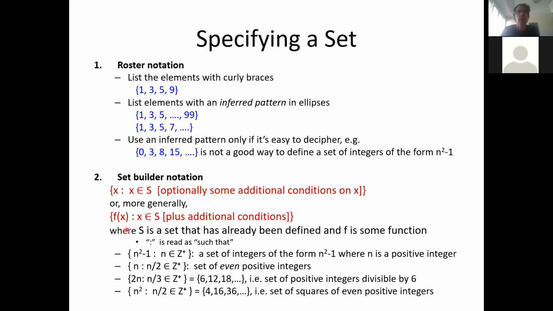This is the set of all integers n such that n divided by 2 is a positive integer. What set did I define? All even positive integers. So this set includes all n's which are positive and even, because these are the only n's such that if I divide them by 2, I get a positive integer.